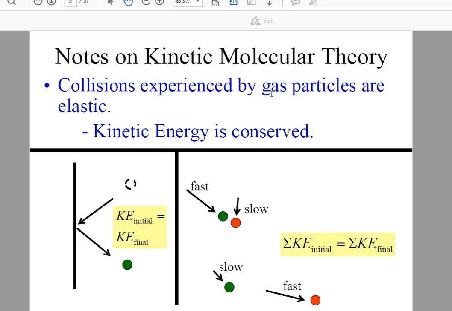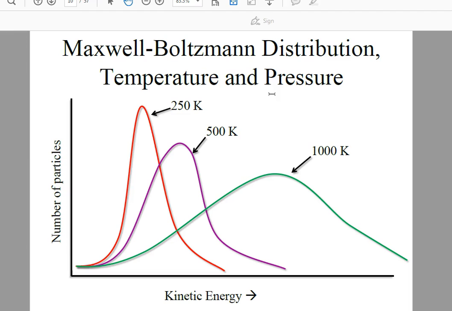So the energy it had before hitting the wall is the same as after. If they run into each other, their energy before is the same as after. So if one of them is going fast and the other one slow, it may make that one slow and the other one fast, but the total energy remains the same. So if you have a set of gas particles at a certain temperature with a certain kinetic energy, they'll keep that kinetic energy. They're not going to lose it as they bounce against the walls.